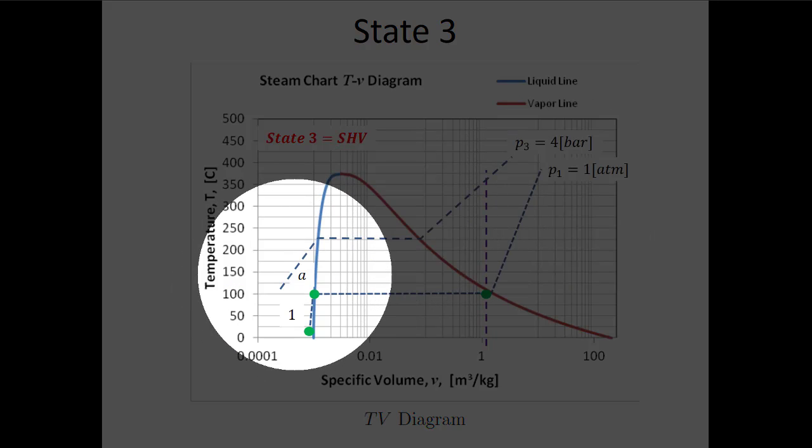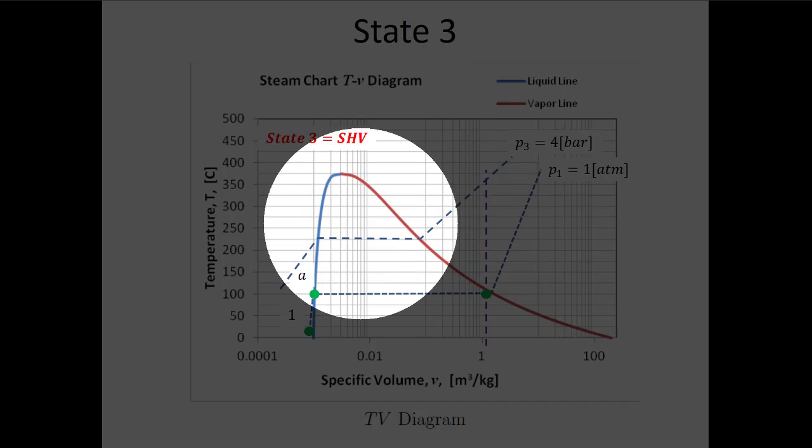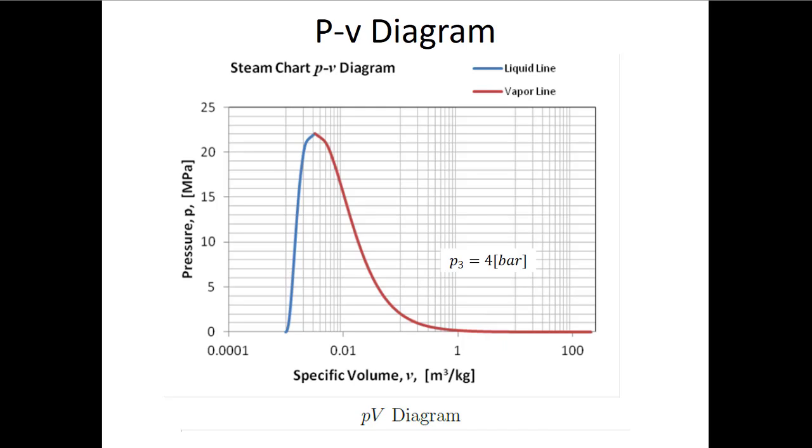So again, it slopes up from left to right, and it's flat under the vapor dome, but it's higher here, right? So then my state 3 has to be somewhere up there as a superheated vapor. So that's how I go through and draw my state table, or my TV diagram, right? So we know that V2 is equal to V3, which is 1.57.